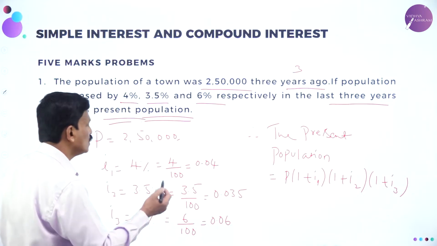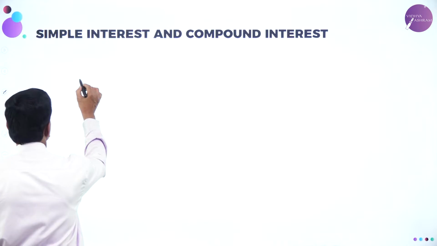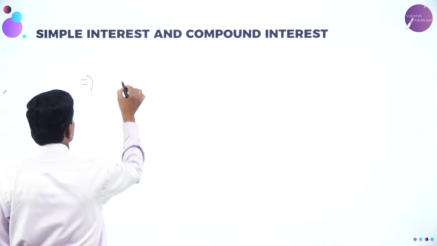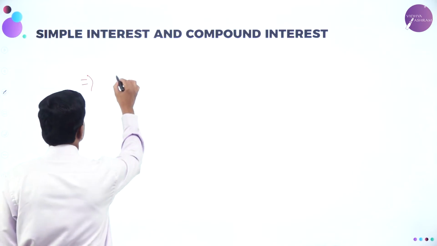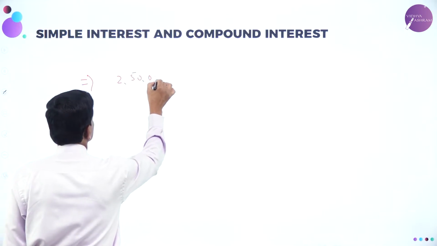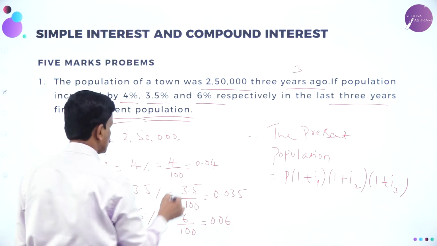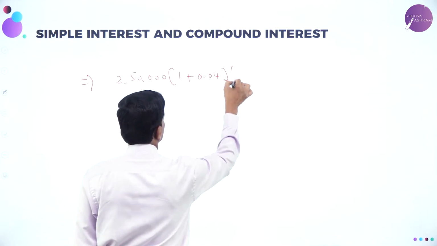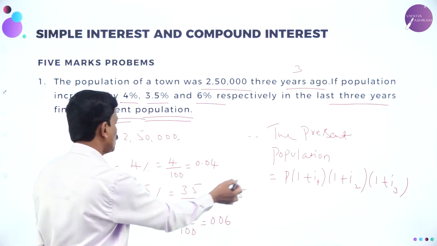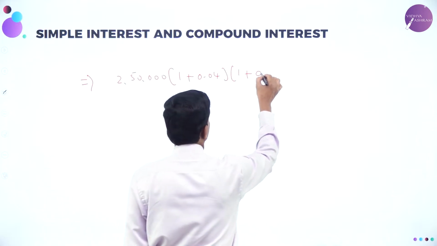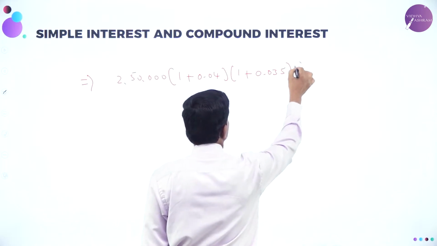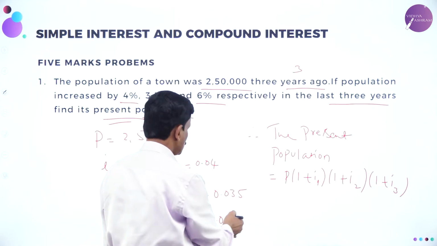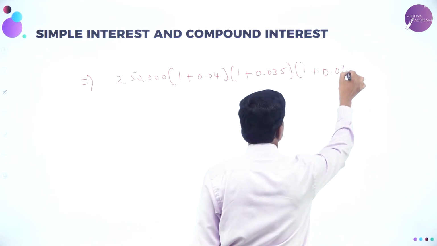That's it. Very simple. Now, let us substitute here. So, what is P here? 2,50,000 into 1 plus, what is I1? 0.04, into 1 plus, what is I2? I2 is equal to 0.035, into 1 plus I3, which is equal to 0.06.